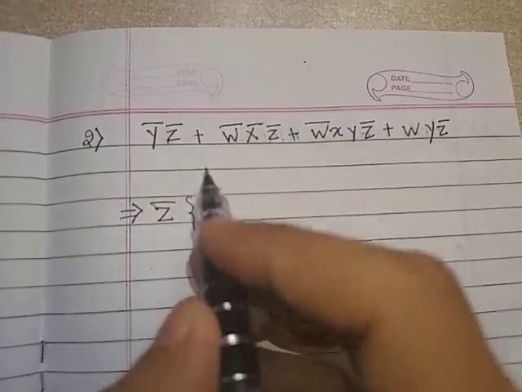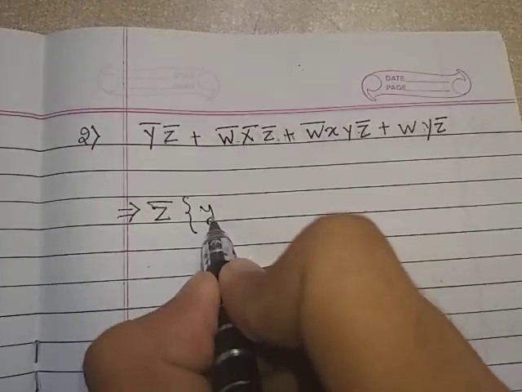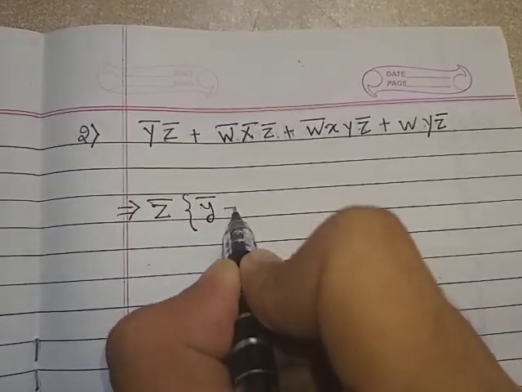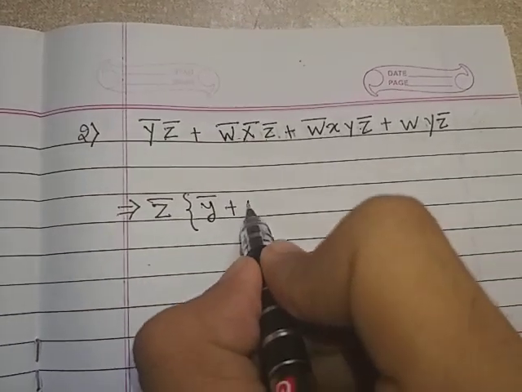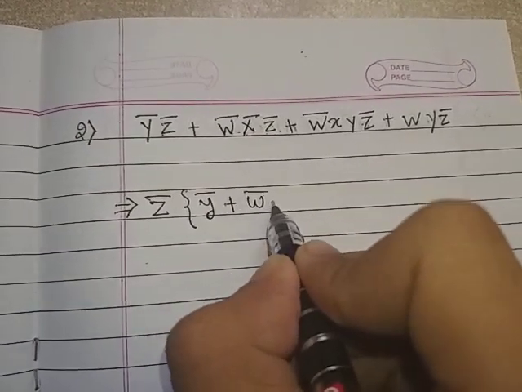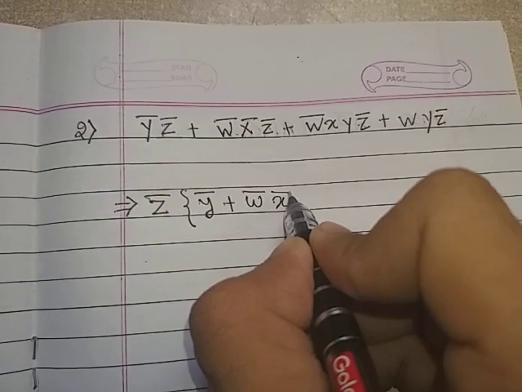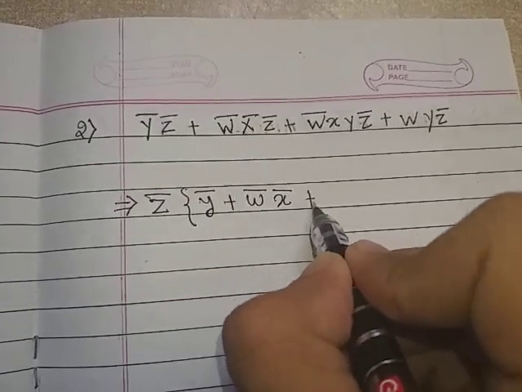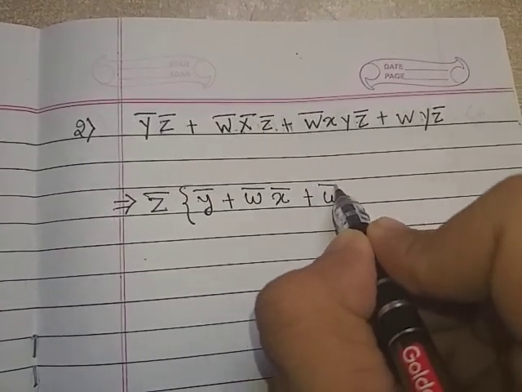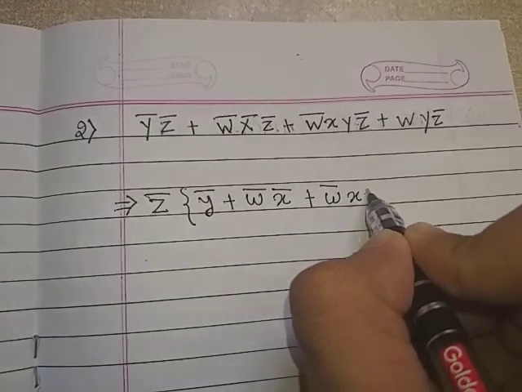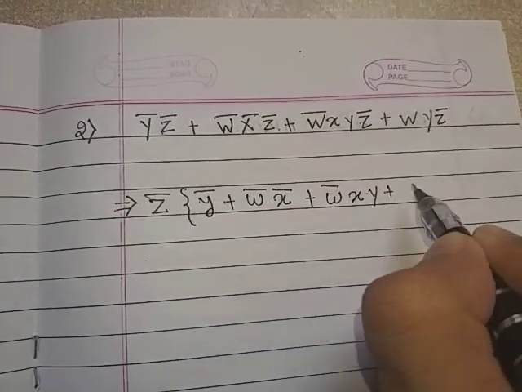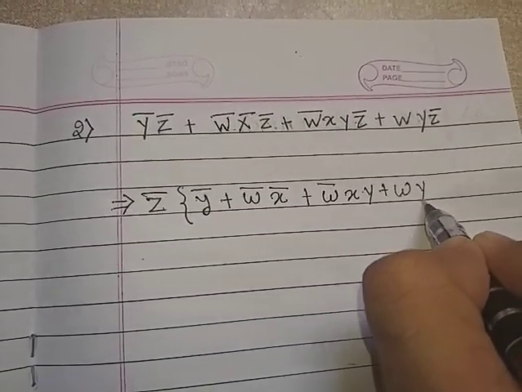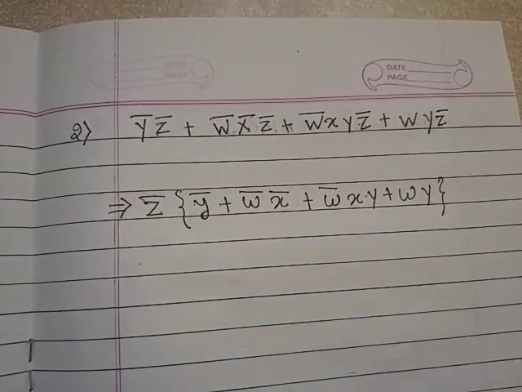Now what is the remainder? y bar plus w bar x bar plus w bar x y plus w y. Clear?